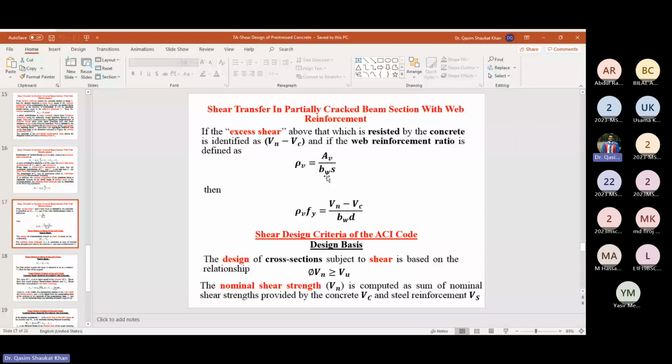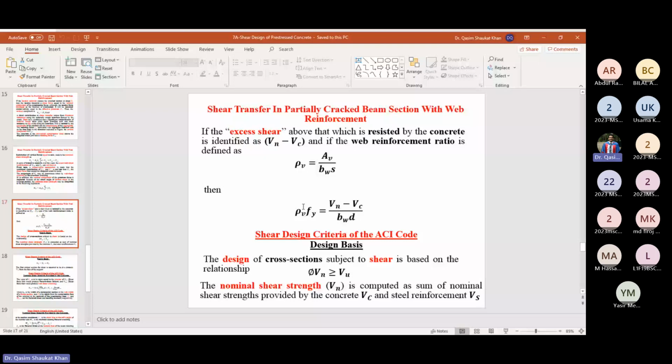Then we can simplify this: Rho Fy is equal to the ultimate shear strength minus the contribution of the concrete over Bw into d. So this gives us the contribution of the steel.